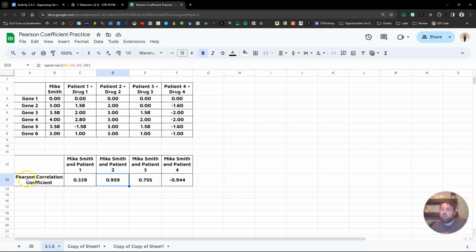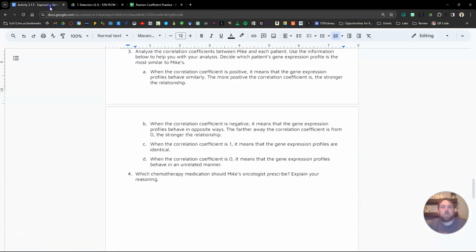You will not have to calculate a Pearson correlation coefficient. I will always give you Excel sheets if I ever want you to actually calculate it. I say let the computers do their job and let me do mine. But you will be given these values and you'll have to tell me exactly what they might mean in terms of whose treatment should work on Mike Smith.